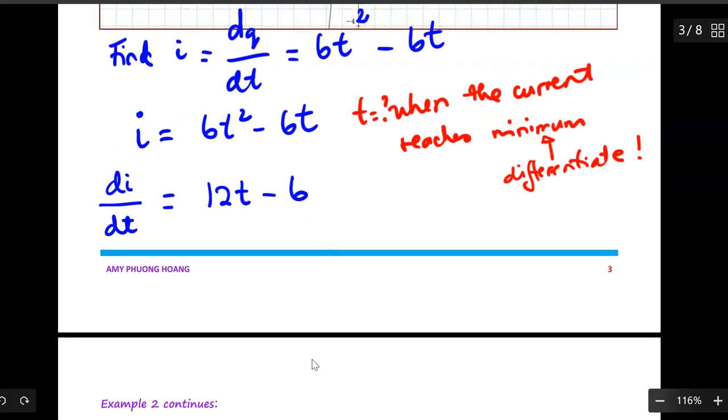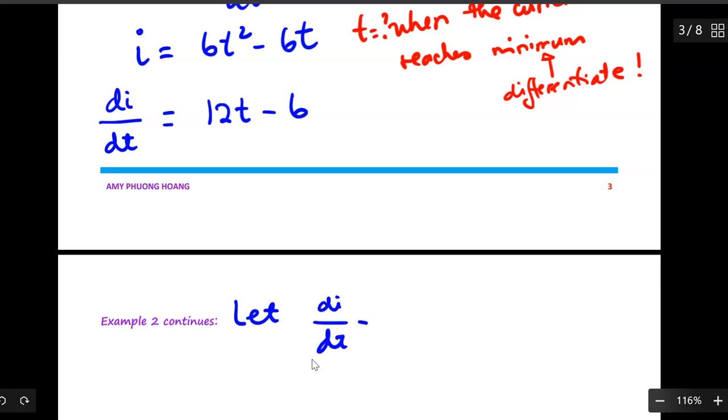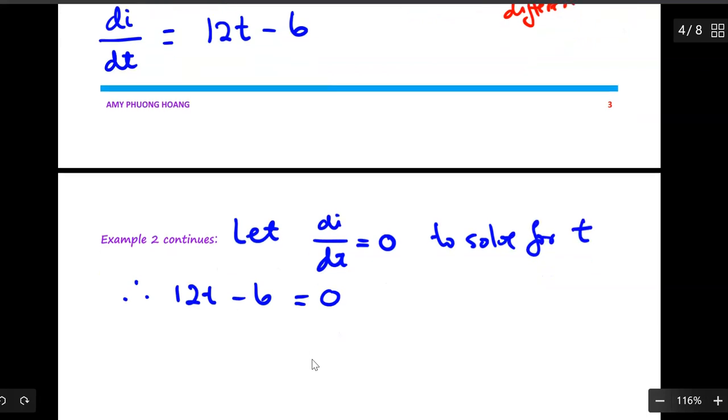So I am going to now let di over dt equal 0. Therefore, 12t minus 6 equals 0, to solve for t. When I set this equal to 0, I can find t: 12t equals 6, t equals 6 divided by 12.